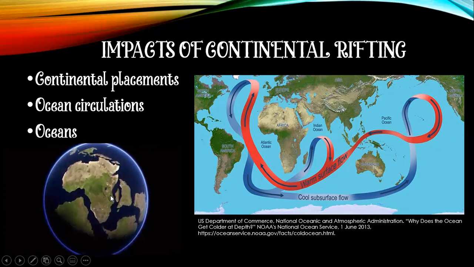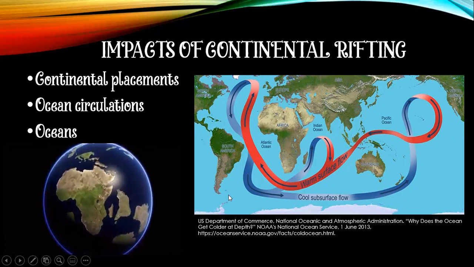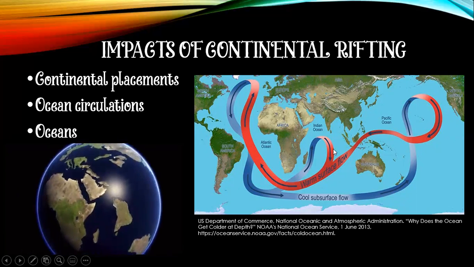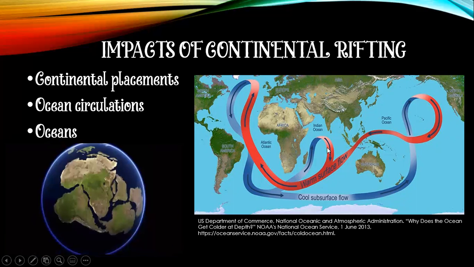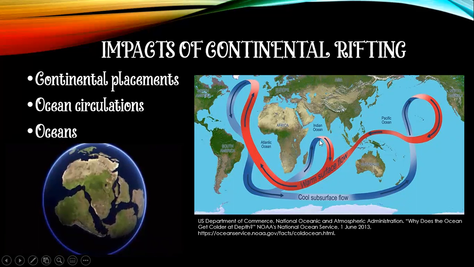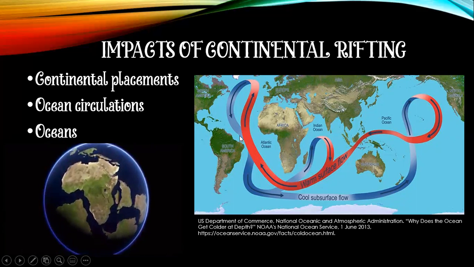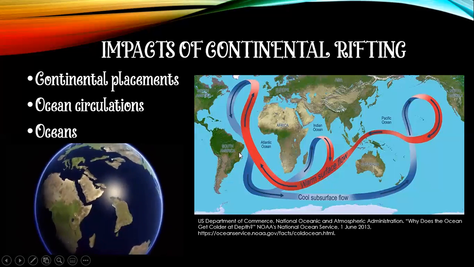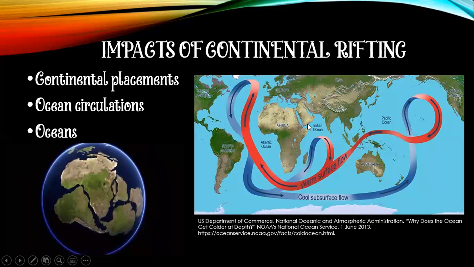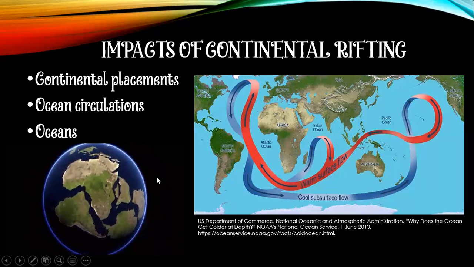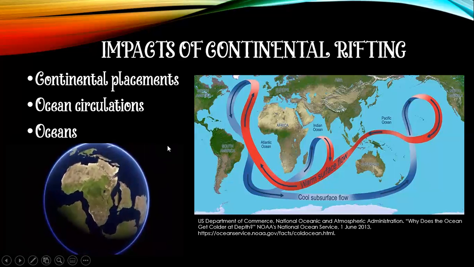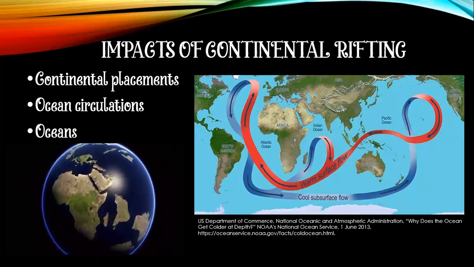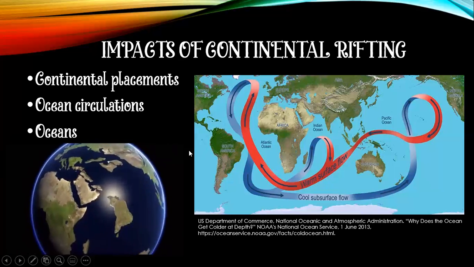And by the rifts changing and moving, we have had a change in the circulations of the oceans and the temperatures of the oceans. With continents moving, we have oceans getting smaller and oceans getting bigger. So only time will tell how big the effects will be on Earth.